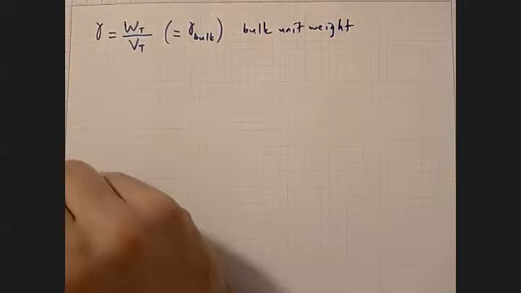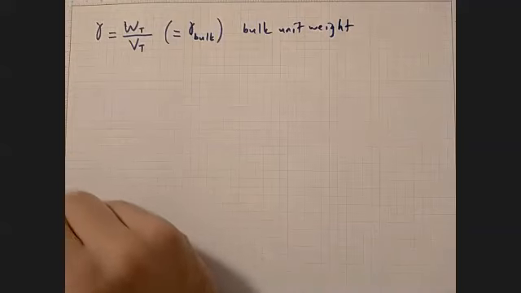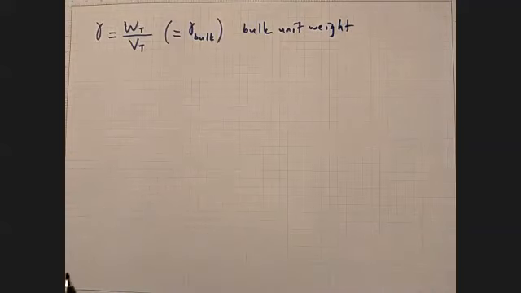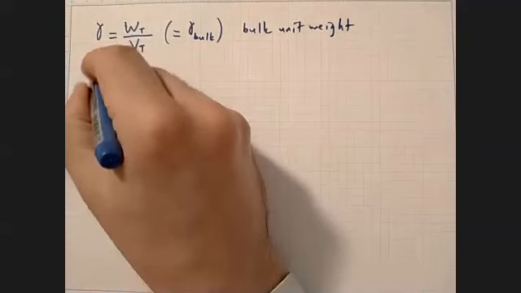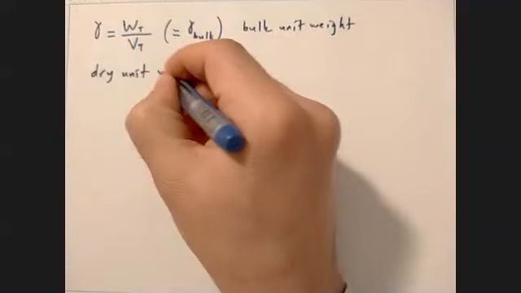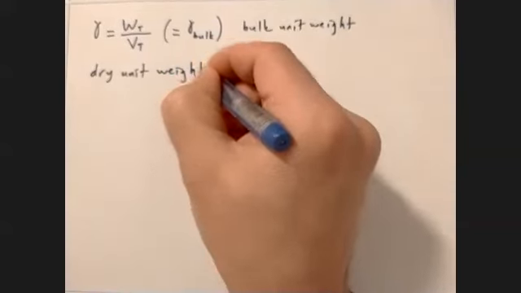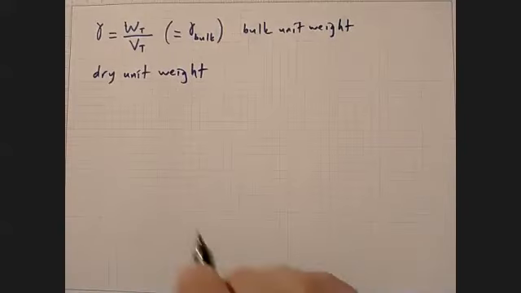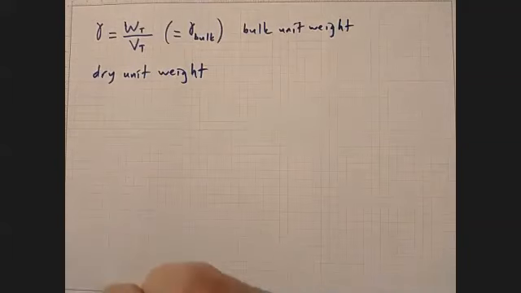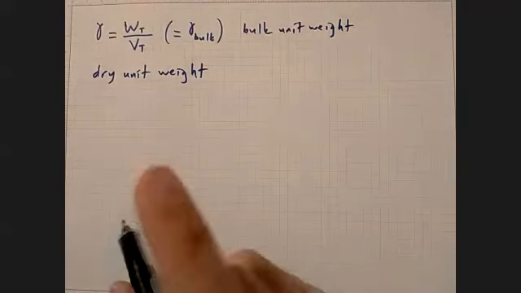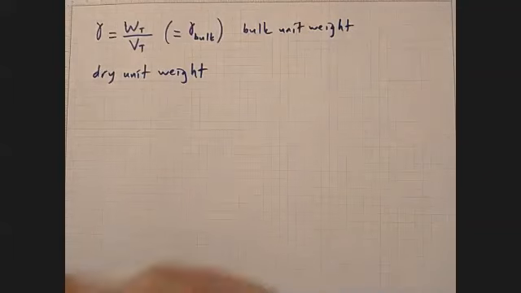Then we have a pair of other unit weights. These are dry unit weights. What is this? It is not the unit weight of the soil if you dried it.